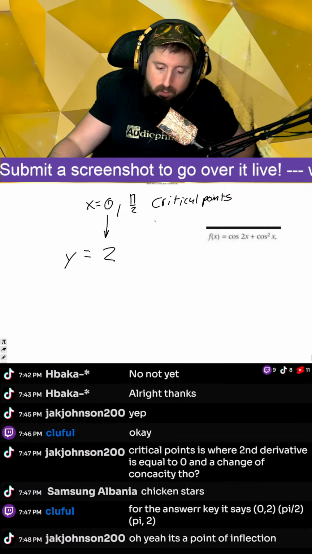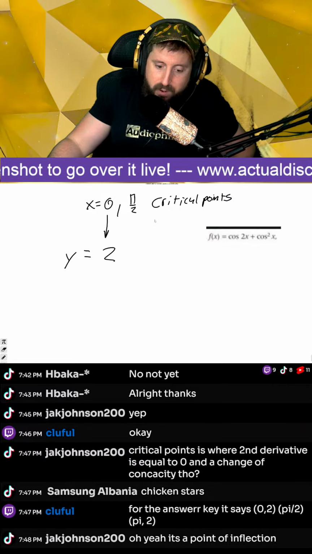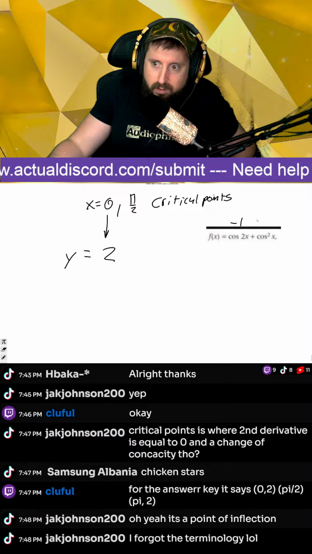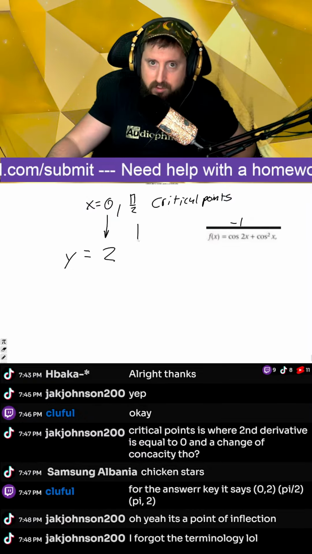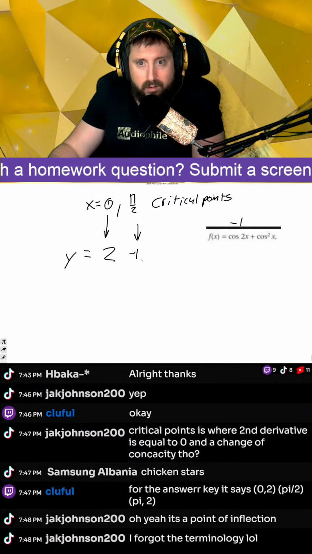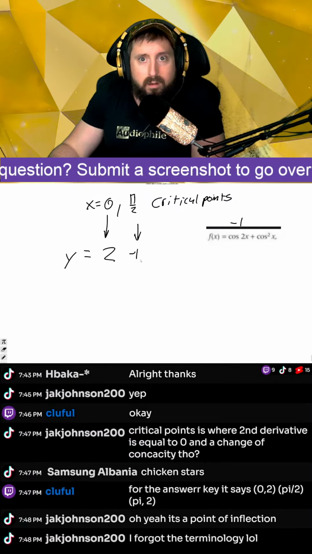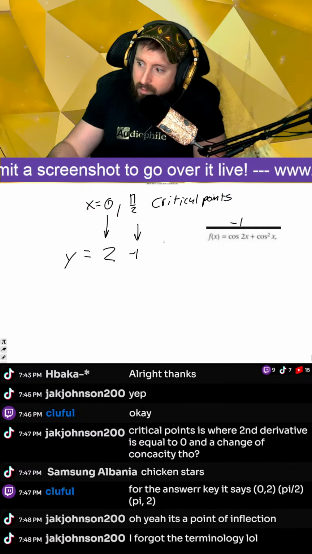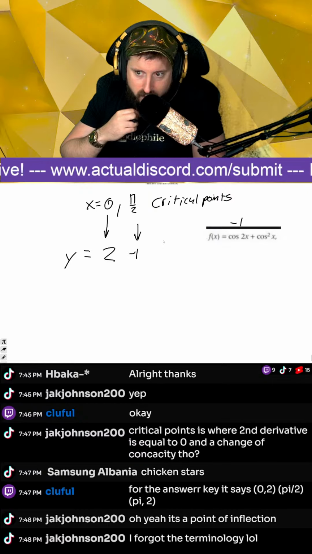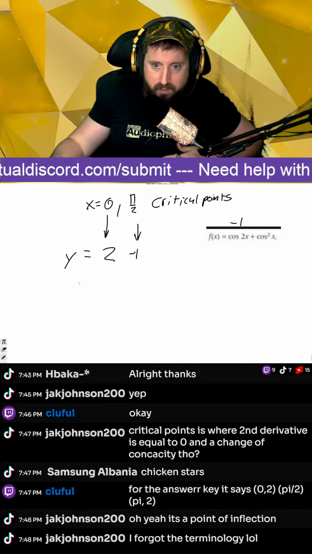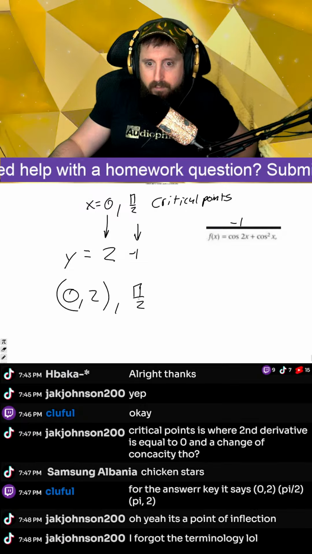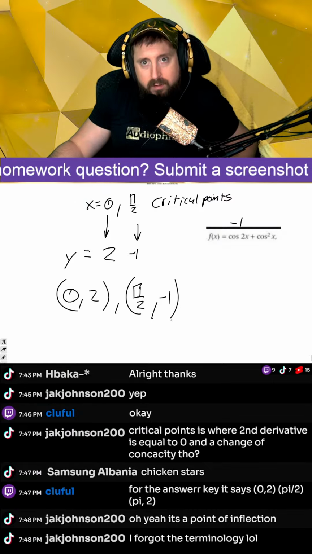For pi over 2, that's cosine of pi, so that's negative 1, plus 0, so this is just negative 1. So we have the point 0, 2, and pi over 2, negative 1.